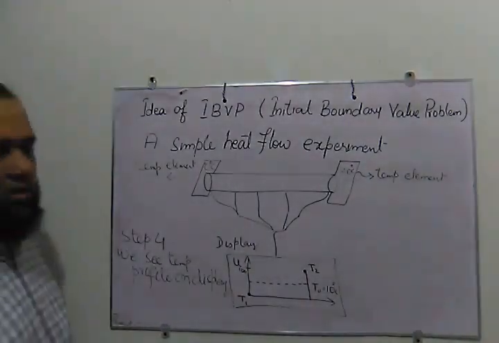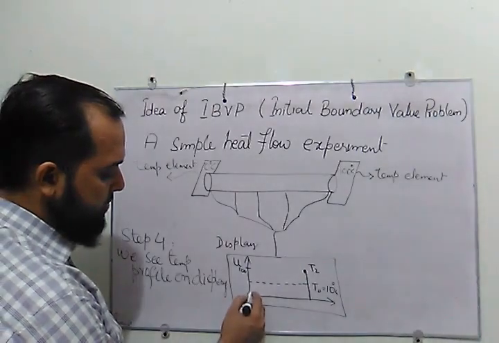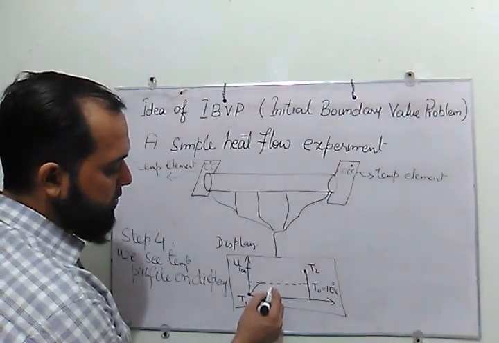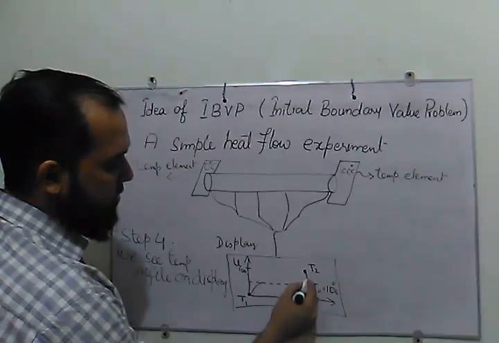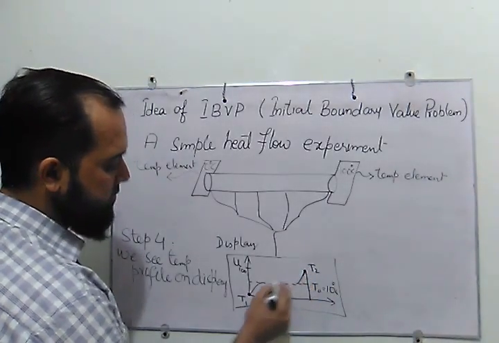Then T1 is increasing and T2 is decreasing.